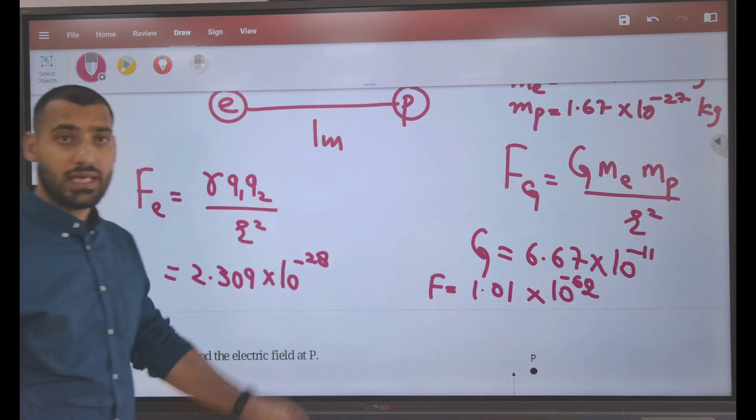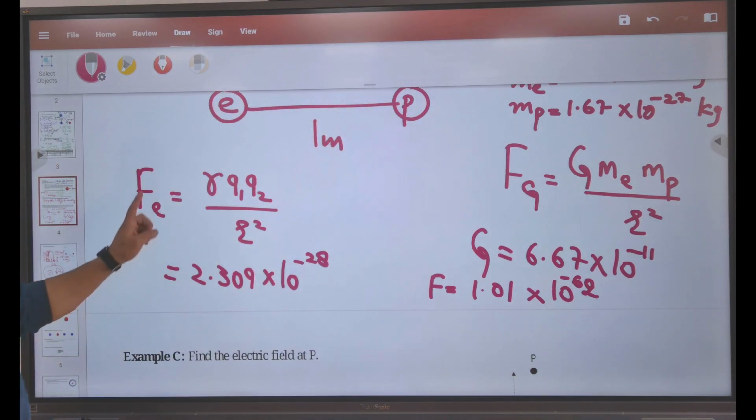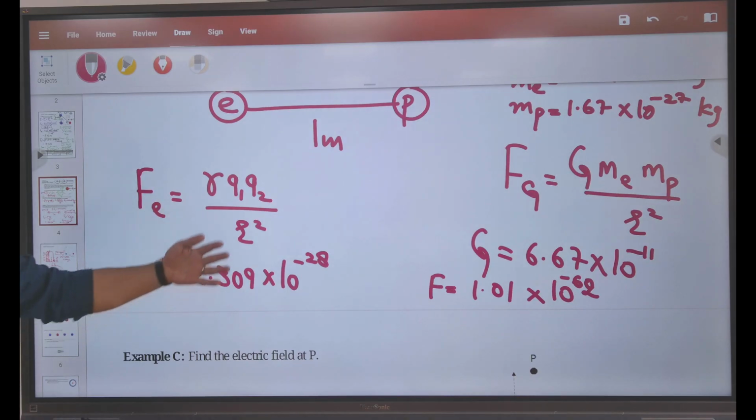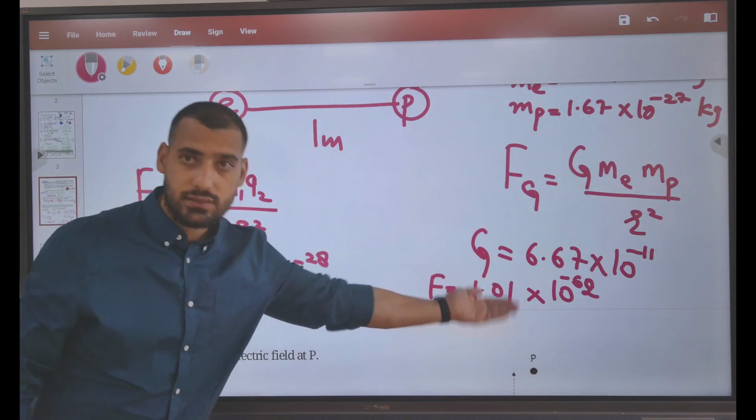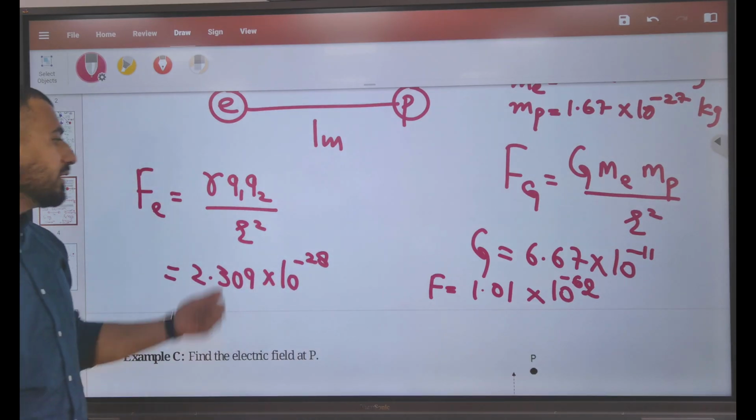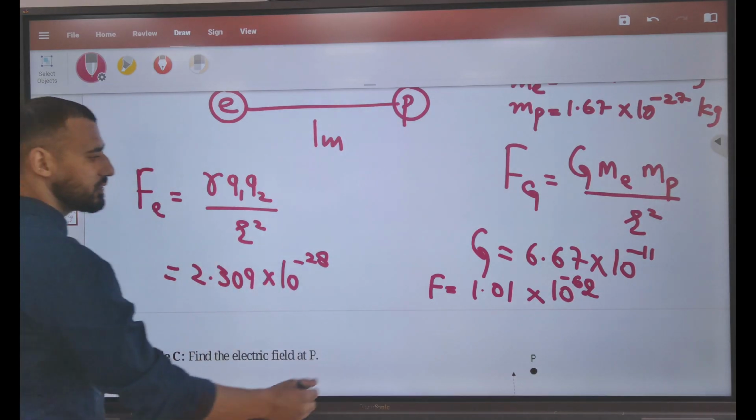Okay, now next step. Find this divided by this. FE by FG. Find FE upon FG.